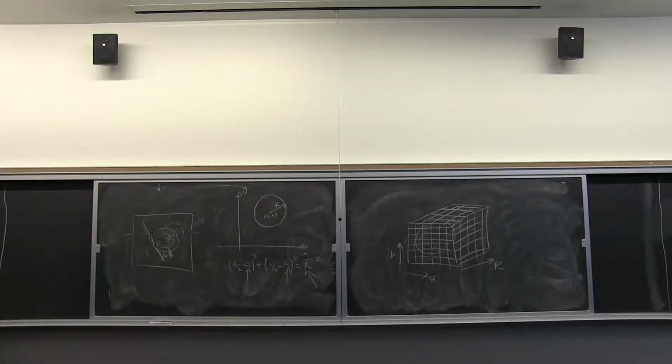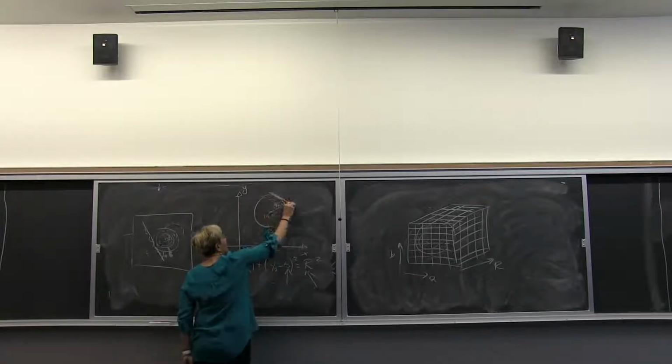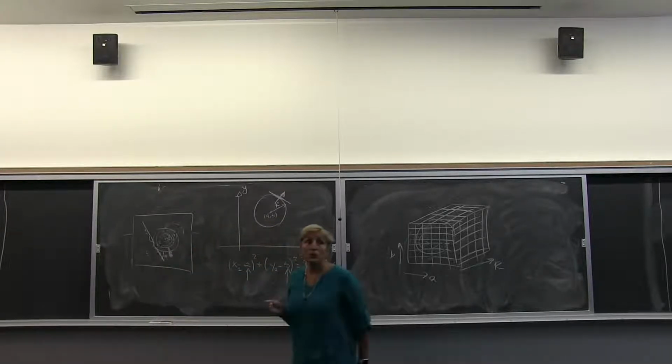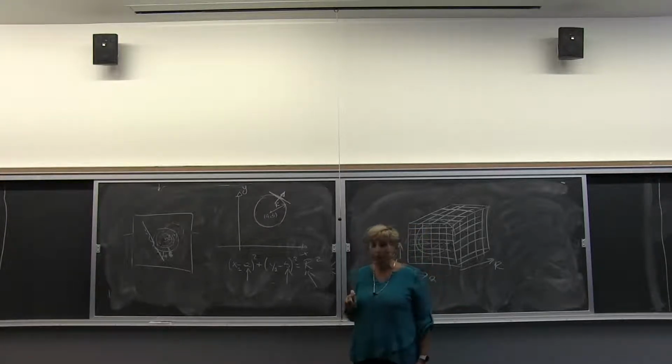Towards the center. It's perpendicular to the tangent to the circle. Okay? So if this is a tangent, right, the gradient is perpendicular to that tangent.